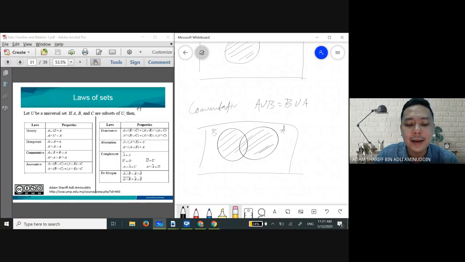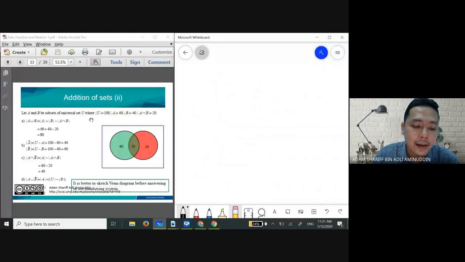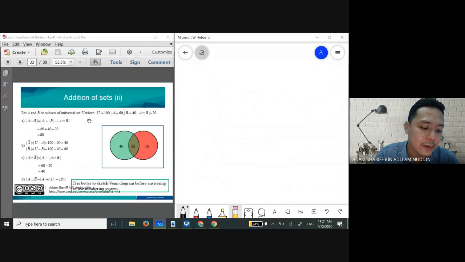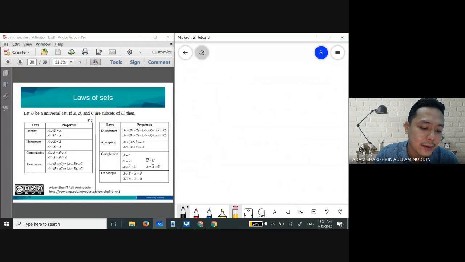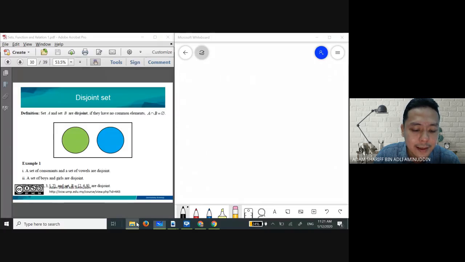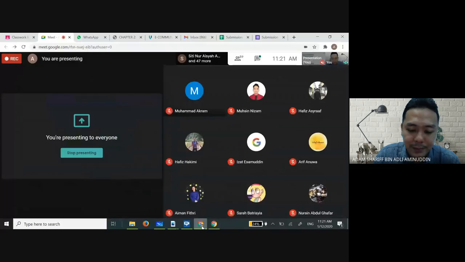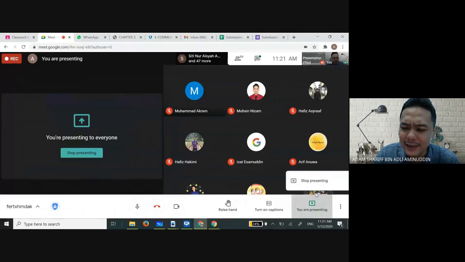Sekarang ni saya tengah melorek. Okay. Ni ada tak dalam nota saya? Ada dalam nota lagi satu. Saya kena share lah nota lagi satu. Sekejapnya saya buka kejap nota lama. Nota DMA. Sekejap ya.